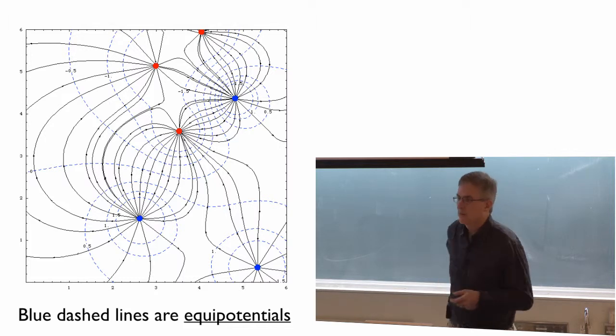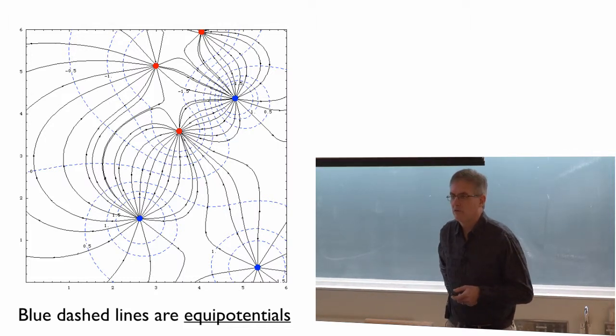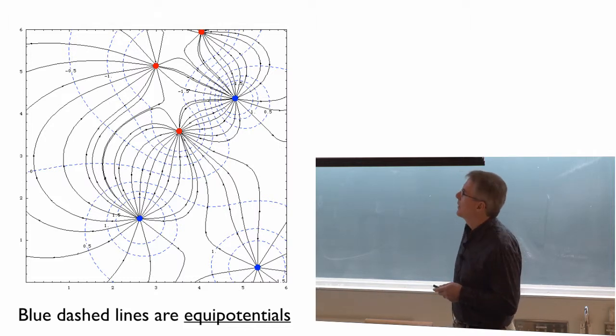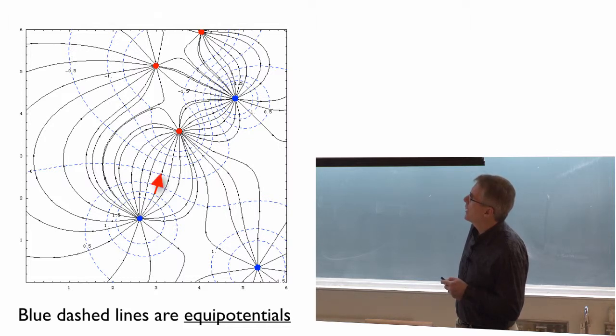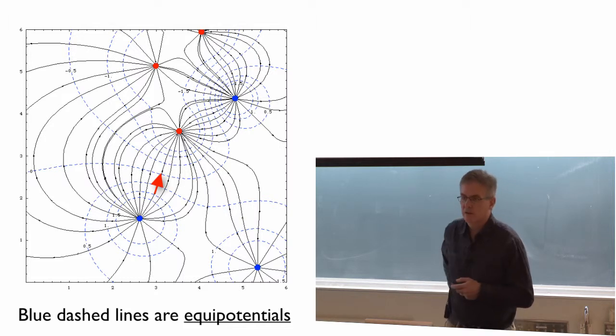Now, we're going to have you do exercises where you draw equipotential lines for different arrangements of charges. And one of the things that you should notice is that as you cross these equipotential lines, notice the angle at which the equipotential lines cross the electric field lines.